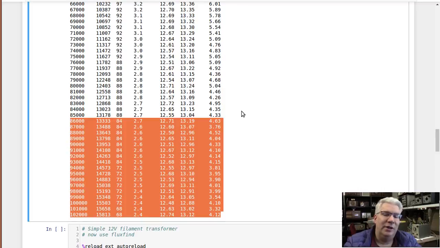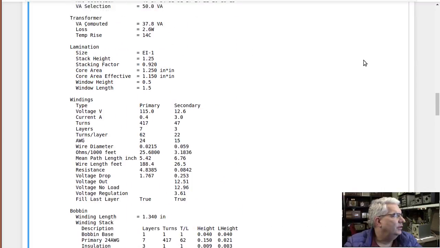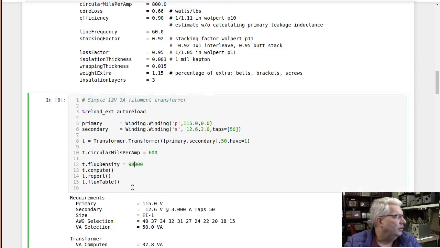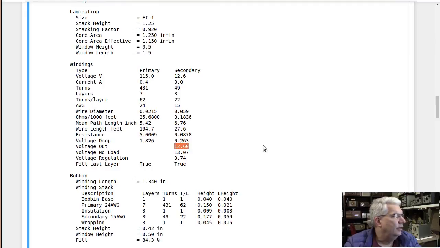Now I know that the laminations that I ended up getting can take higher flux densities. Let's just pick one down here that's pretty close to what we really want, let's say this one right here, 87. We want our flux density to be 87,000. So we change 90,000 to 87. We rerun our numbers, and we see that V out is now equal to 12.6.